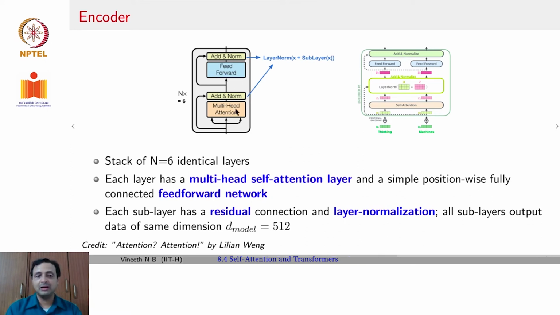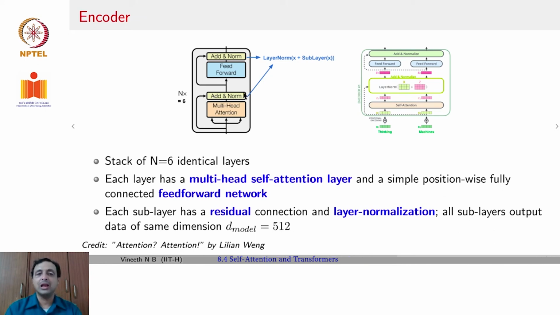But between the multi-head attention and the feed-forward layer, there is a residual connection and there is also a normalization that happens before that output is fed to the feed-forward layer. So you first perform multi-head attention, then the input also comes through a skip connection directly to the output of multi-head attention.